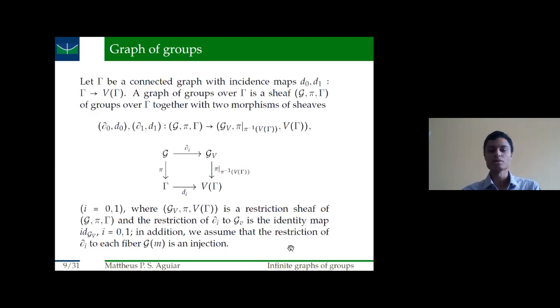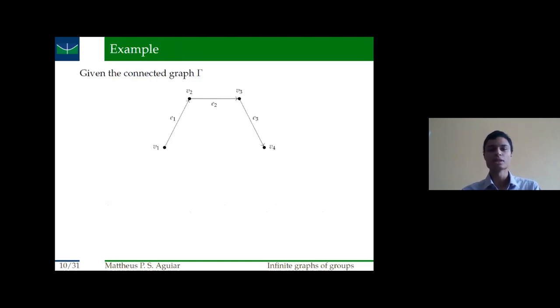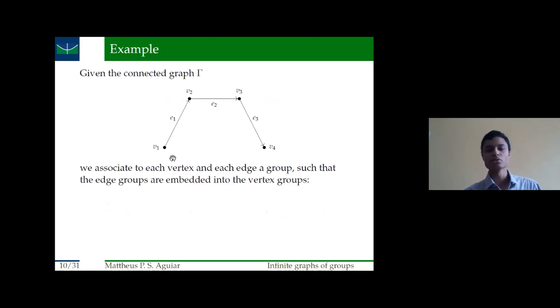So to understand this more properly with an example, we can start with this connected graph gamma. And now we associate to each vertex and each edge a group such that the edge groups are embedded into the vertex groups. So to this vertex V1, we associate the dihedral group D4.